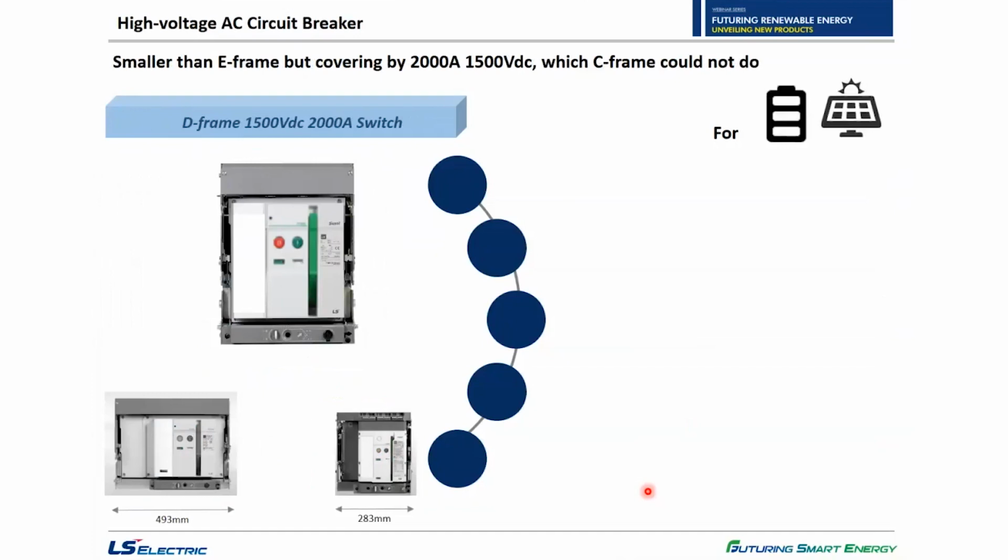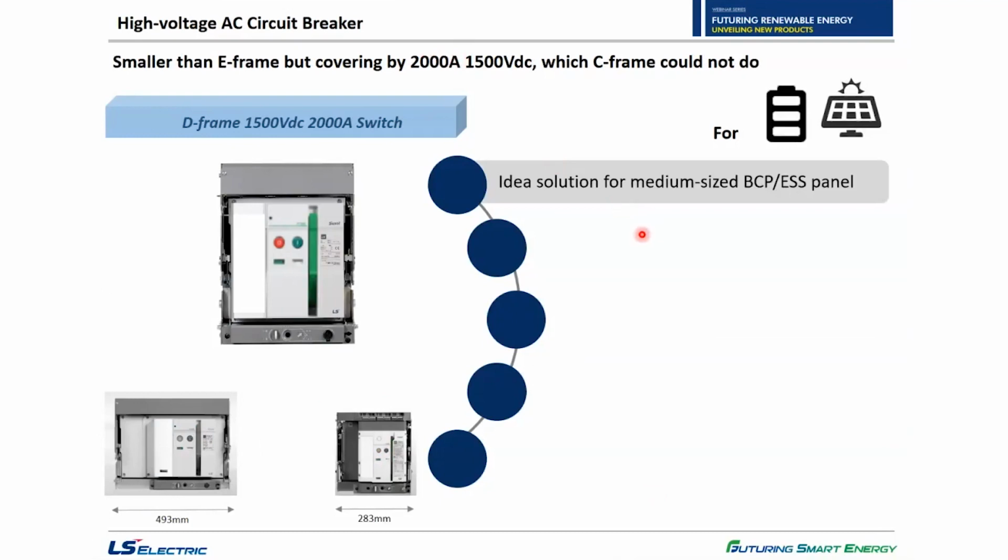Our second product is the D-frame 1500 volt switch disconnector. We are going to launch this product especially for system integrators who must prepare a battery connection cabinet between the power conversion system and battery racks.